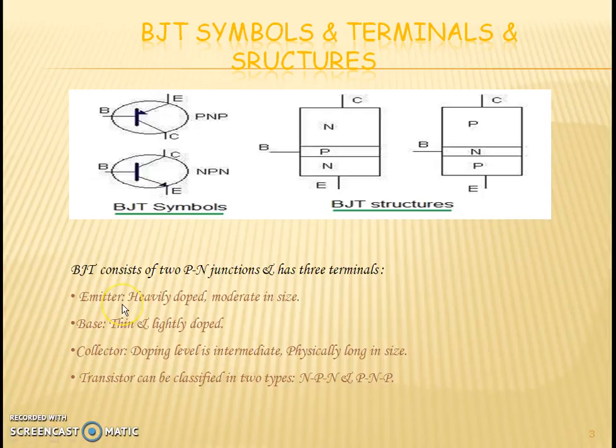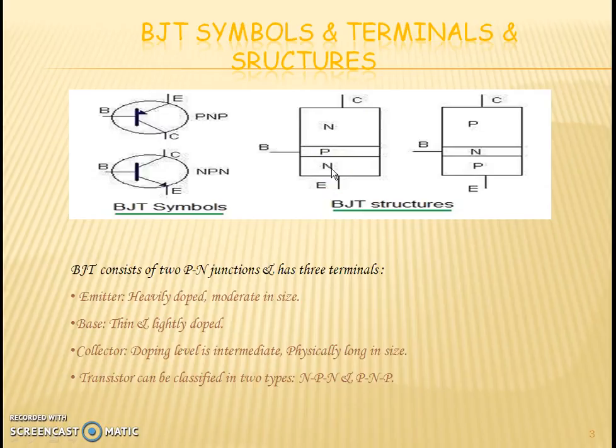Now, the transistor has three sections or three terminals. First is emitter, that is this one. Second is base, that is this one. And the third is collector, that is this one in the figure. Now we come to the emitter section.